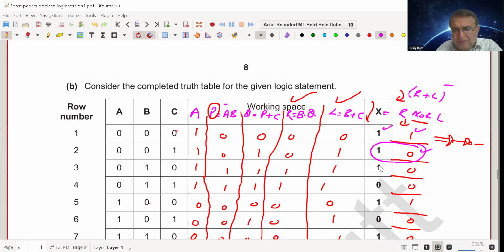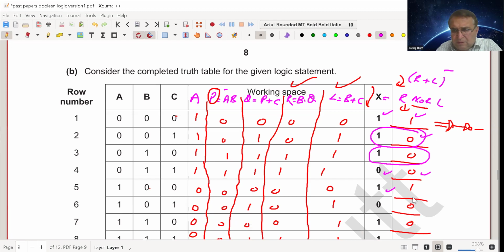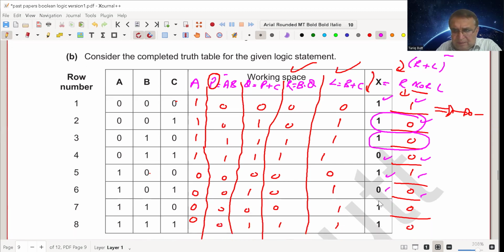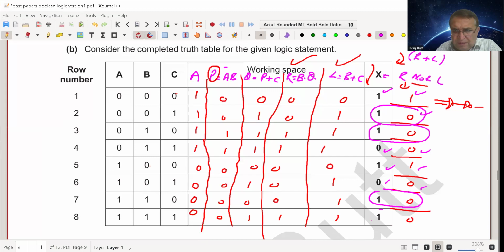Similarly here, given was 1, but actually it is 0. So error. This is again okay. Okay. And here again the error lies: given was 1, but we found it is 0. Again, given was 1, we found it is 0. So there are 4 errors which are asked to identify.